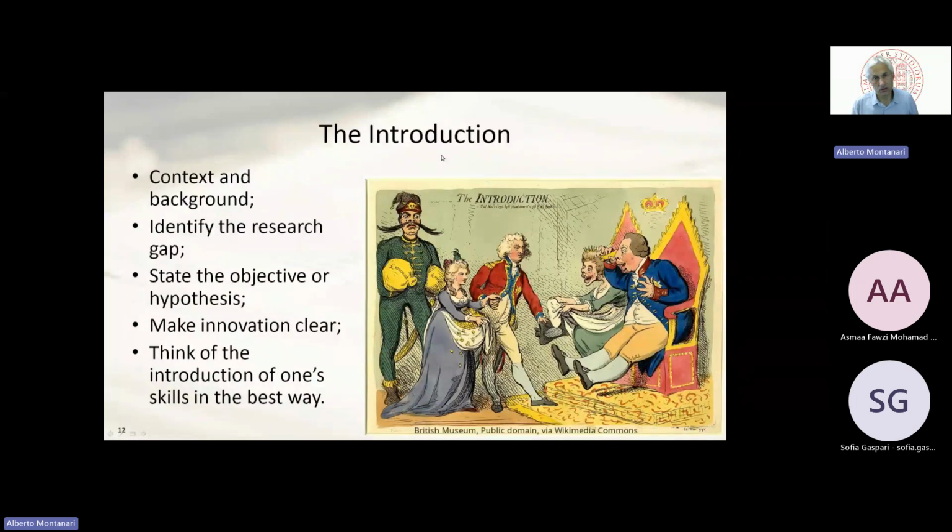The introduction: what you see is a typical scheme for an introduction. So you provide the context, you identify the research gap or gaps, you state the objective or hypothesis, and you may explain, very briefly, the methods, you explain the innovation, and then you may conclude it.